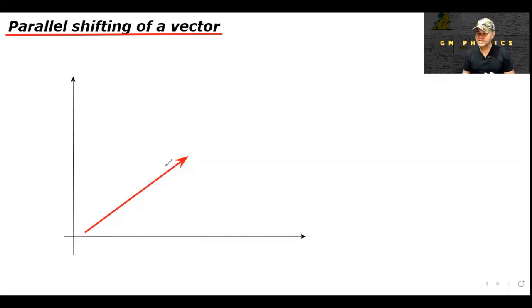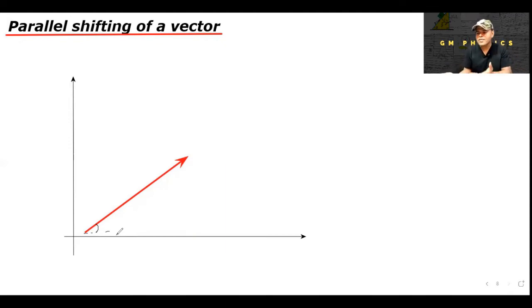So when you shift it parallelly, you neither change the length of the arrow, means the magnitude of the vector remains the same, and since you are shifting parallelly, you are not changing the angle with respect to x-axis, or simply you are not changing its orientation. So you are not changing the direction of the vector. So you neither change the magnitude nor the direction. So the vector remains unaffected.